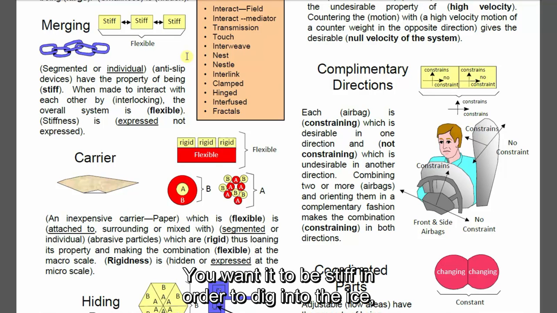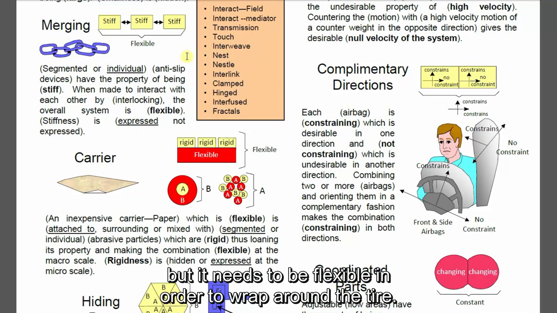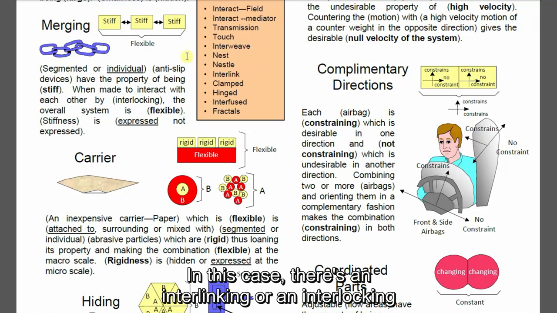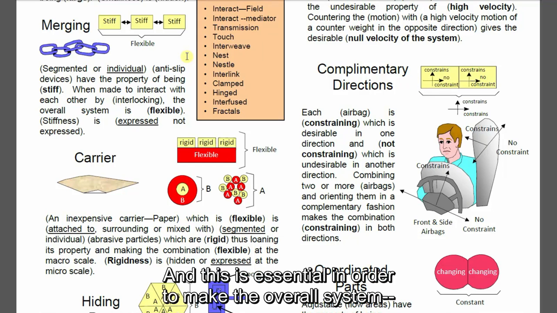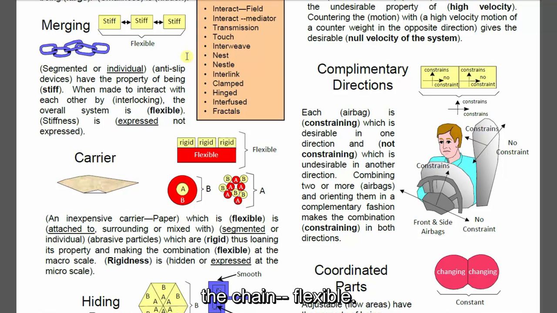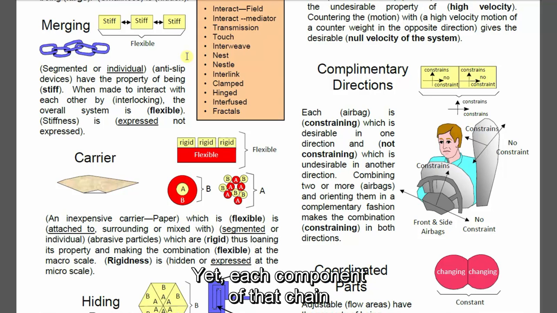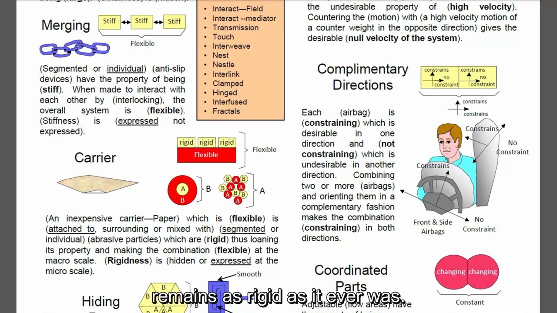You want it to be stiff in order to dig into the ice, but it needs to be flexible in order to wrap around the tire. In this case, there is an interlinking or an interlocking between the links, and this is essential in order to make the overall system, the chain, flexible. Yet each component of that chain remains as rigid as it ever was.